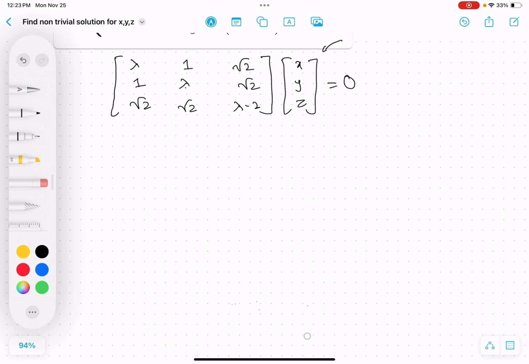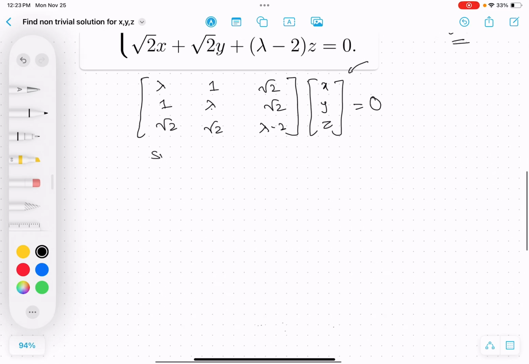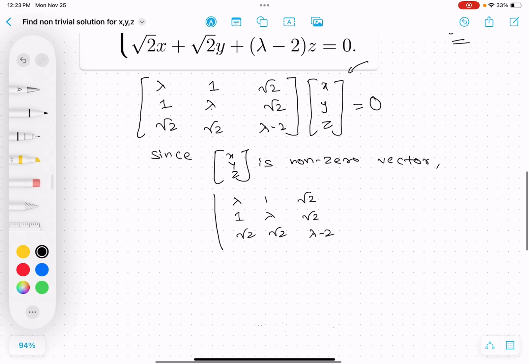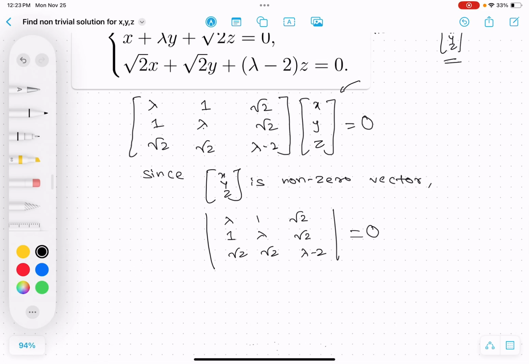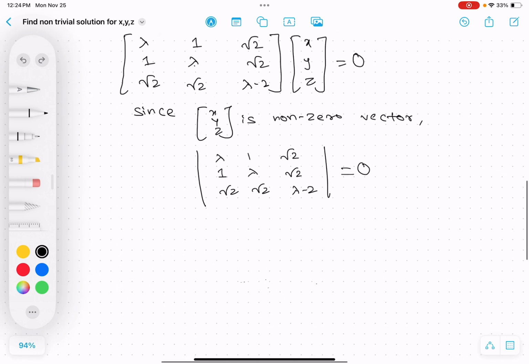So since x, y, z is a non-zero vector, the determinant of the matrix with rows (lambda, root 2, 1), (lambda, root 2, root 2), lambda minus 2 should be 0. If you solve this equation, we will get the possible values of lambda for which the determinant is 0, and only for those values can this product be 0. I guess you get the idea of what we are doing now.